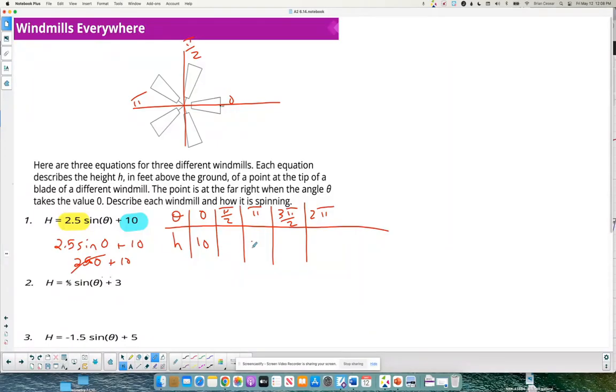So I'm back to the same height at pi, and I'm back to the same height at 2 pi, because my windmill, obviously at pi, I'm right there, same height, and back at 2 pi, which would be right here, back at the same spot. So those are all 10. So we could say, if I wanted to describe it, these are the middle.